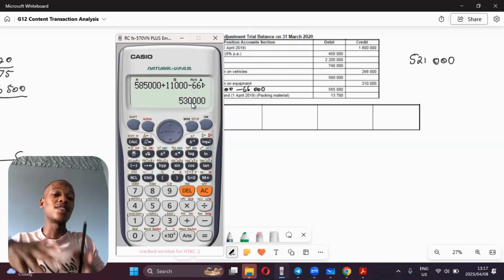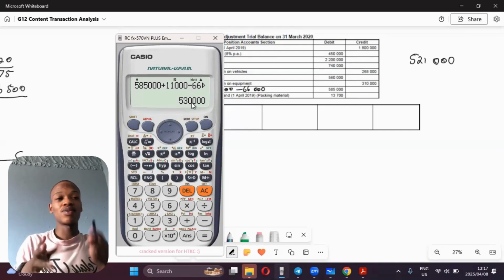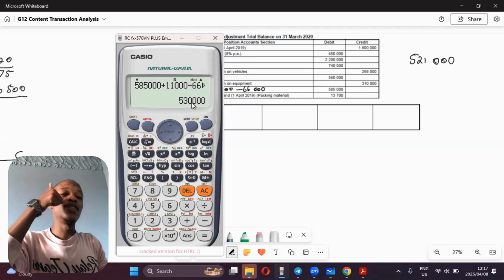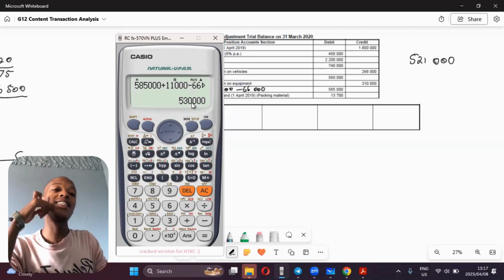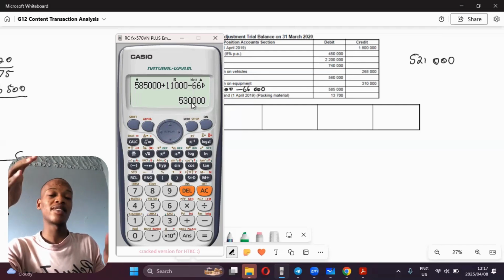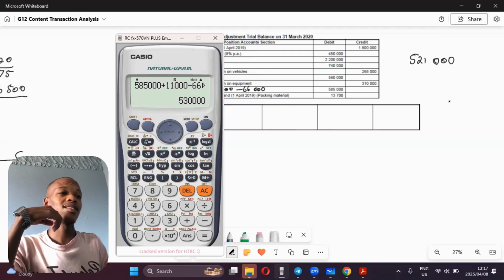But according to the transactions that we have gone through, we added 11,000 and then deducted 66,000. So far it is worth 530,000 according to the business, but only to find out that is not the case.